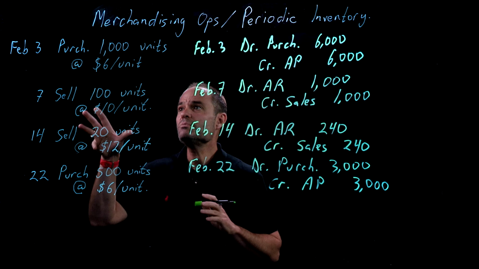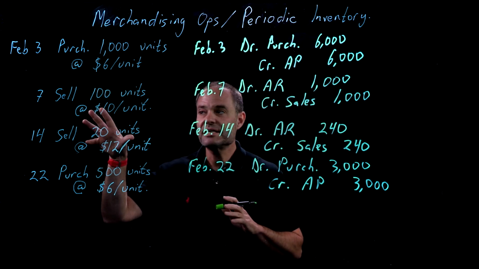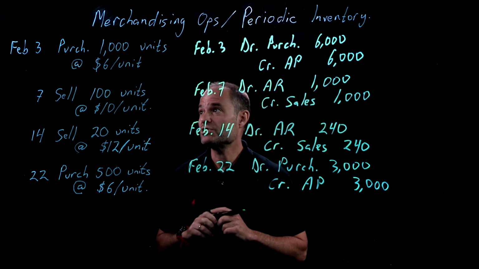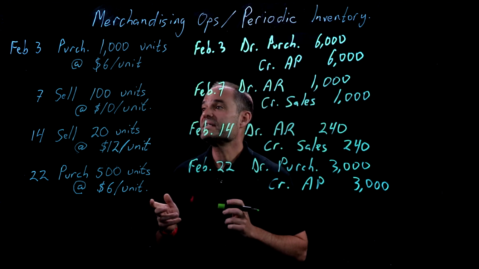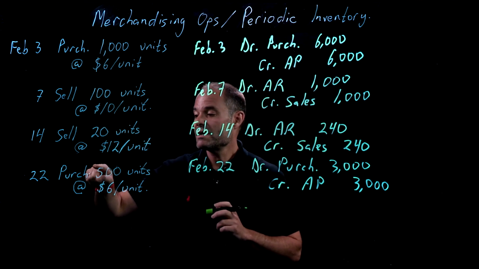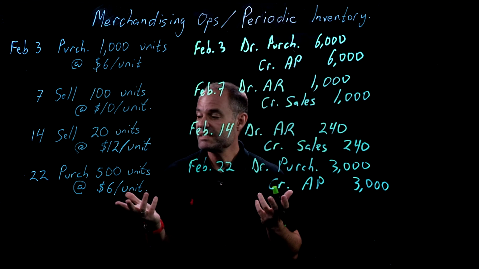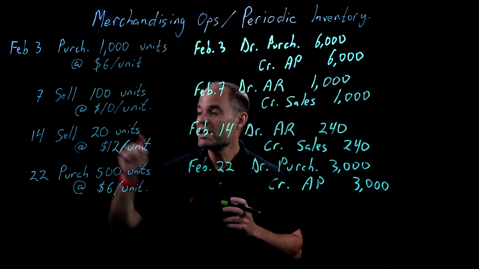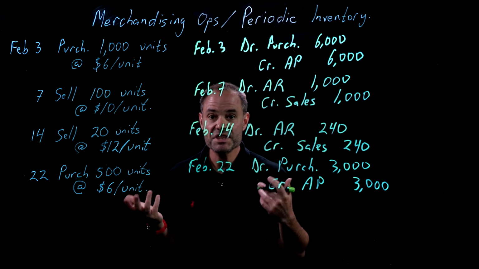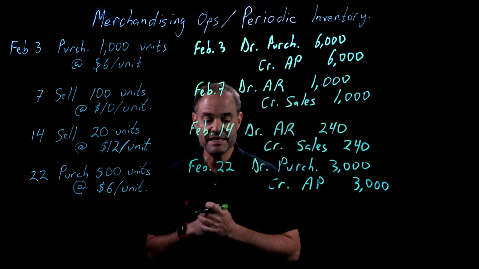If we assume that this company started the year with no inventory, and this was the first inventory that it purchased, then we can see that they purchased 1,000 units. They purchased 500 units over here, so they would have had 1,500 units, and then they sold 120 units, so 1,380 units left at the end of the year.